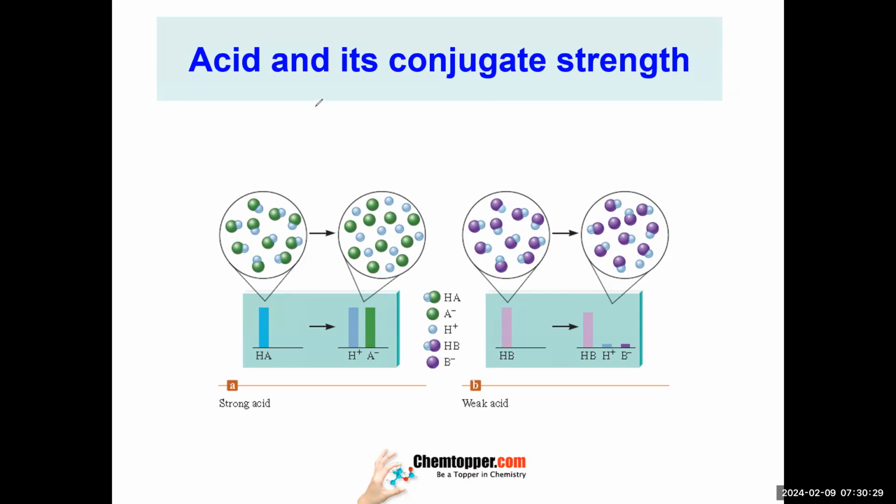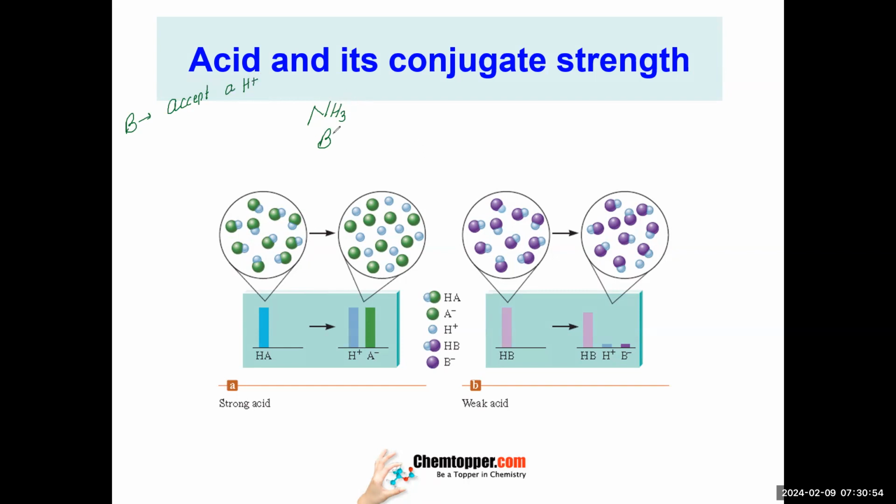For example, if I say NH3 is a base, then according to the Bronsted-Lowry definition, what is a base? A base can accept a proton, right? Yes, very good, Azuni.